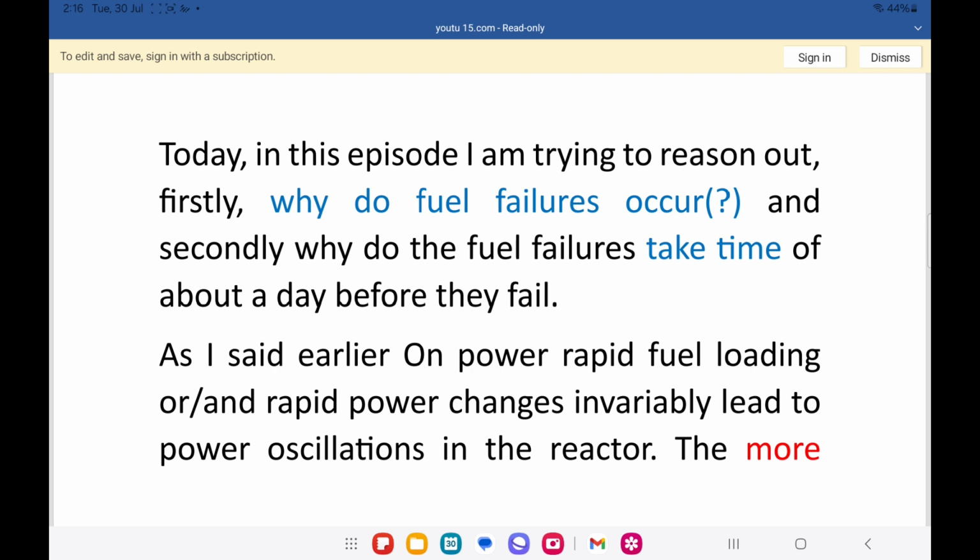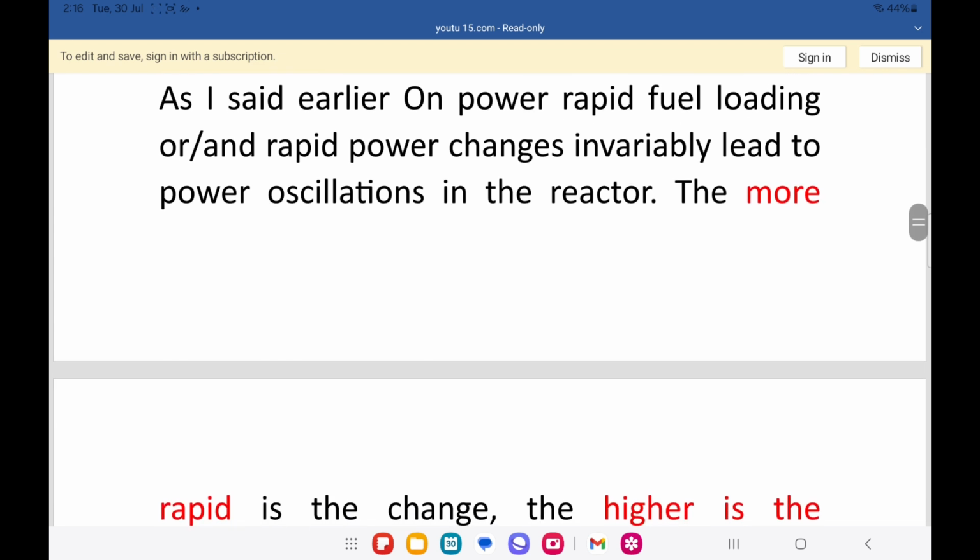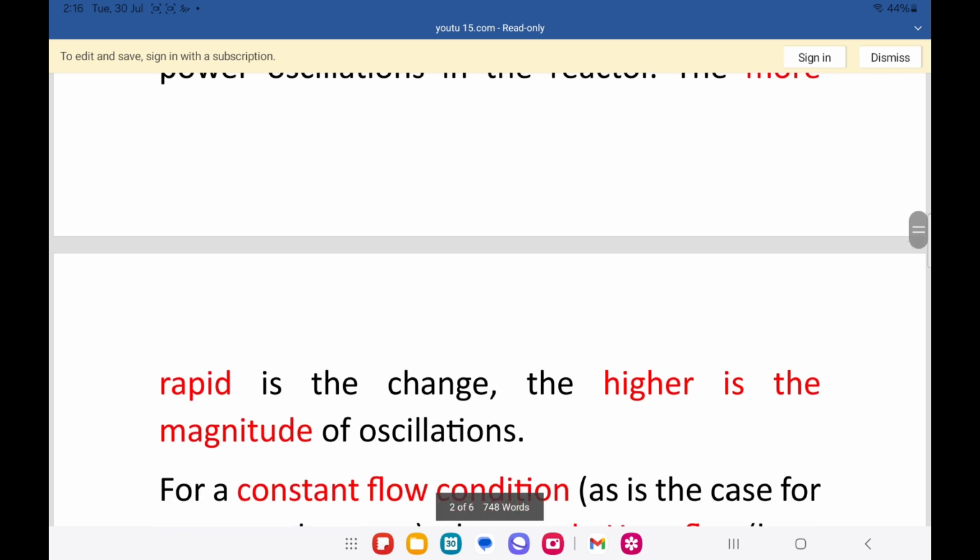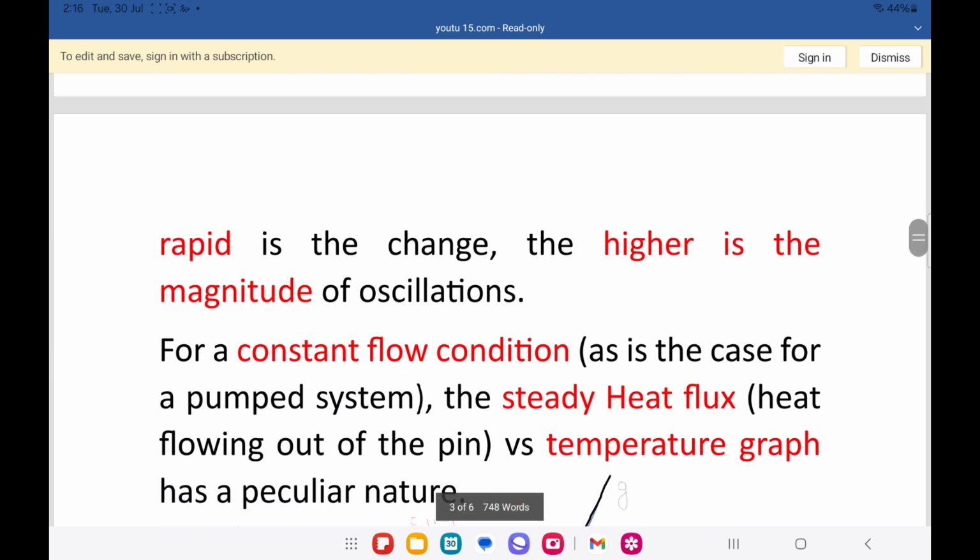As I said earlier, rapid fuel loading or rapid power changes invariably lead to power oscillations in the reactor core. This is because of a large difference in the thermal time constants and neutronic time constant of a reactor. The more rapid is the change, the higher is the magnitude of oscillations.